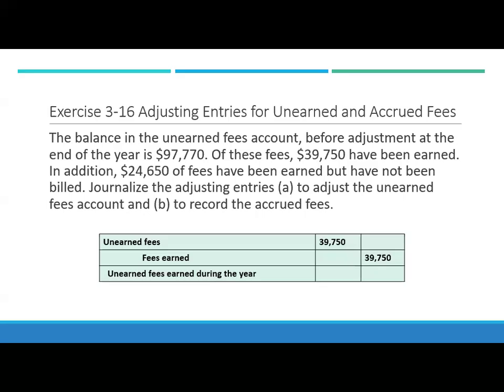If they have 97,770 units on the contract and they ship 39,750, that's how much revenue they get to recognize. Assuming that's how the contract is written out, they could accrue that amount of revenue. So what an auditor would look at in that case is shipping records. How much did they actually ship to the customer?